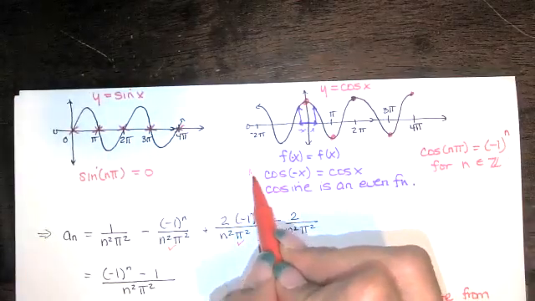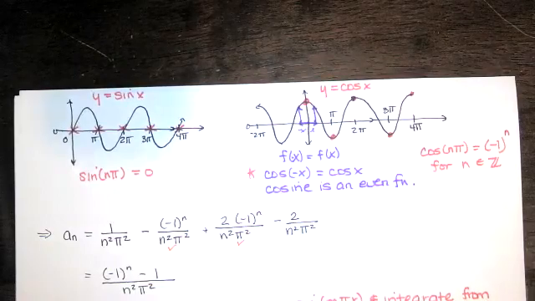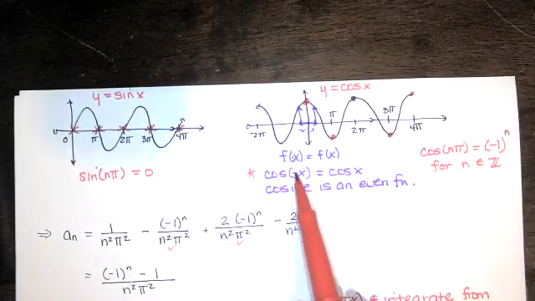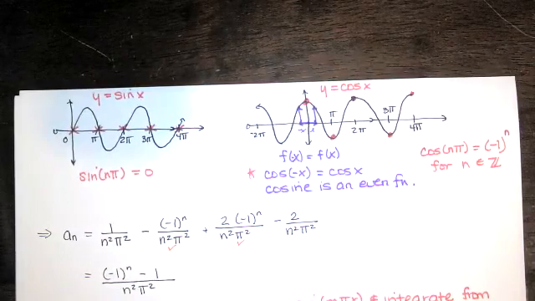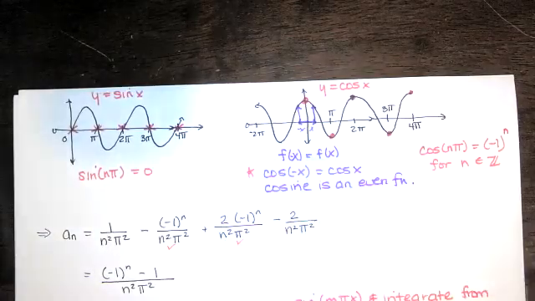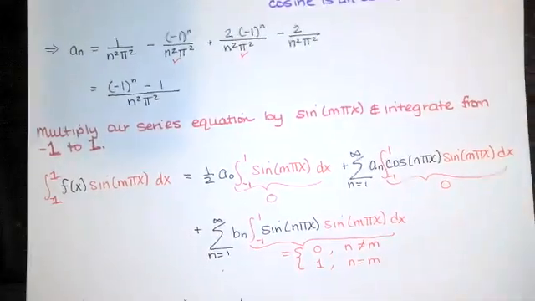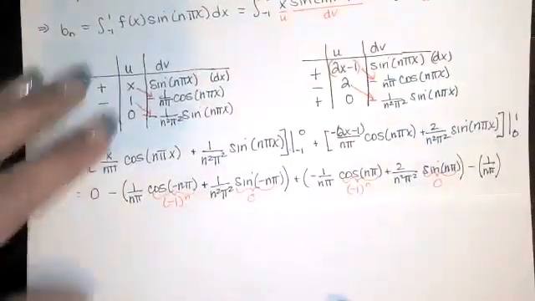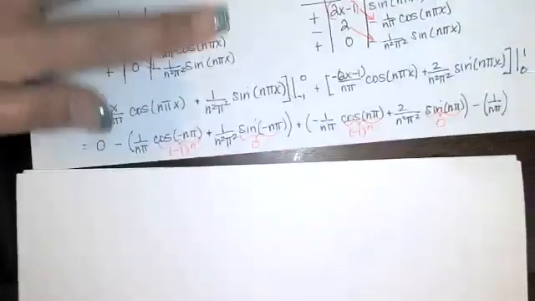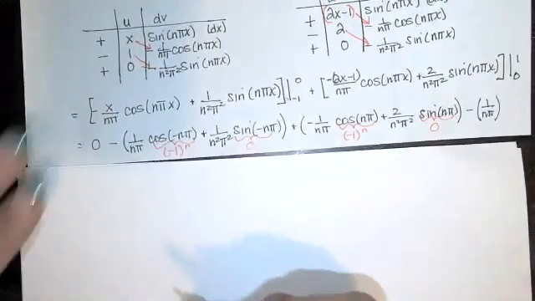And we also have this identity. If you see cosine of a negative angle, you just get rid of that negative because it's an even function. Or negative variable. Get rid of that negative in the variable. Okay. So that's our b sub n. It's just a little messy, so I will write that down here on the next line.